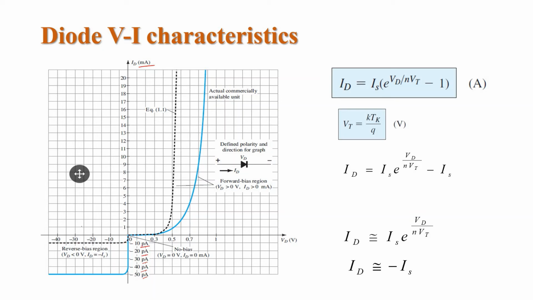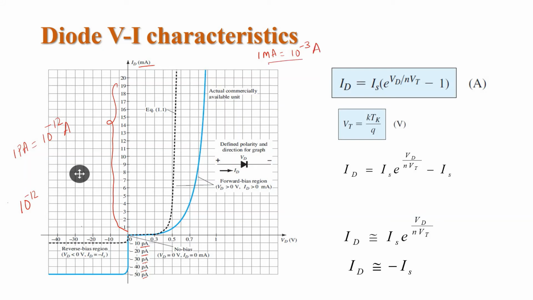So that is a very small current in picoamperes, and pico means 10 to the power minus 12. So when we say 10 picoampere, that means 10 multiplied by 10 to the power minus 12 ampere. 1 picoampere is equal to 10 to the power minus 12 ampere. Whereas here in forward bias conditions, whatever currents result are expressed in milliampere, and we know that 1 milliampere is equal to 10 to the power minus 3 ampere.